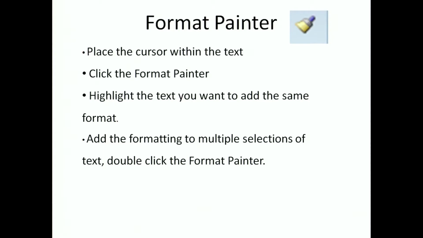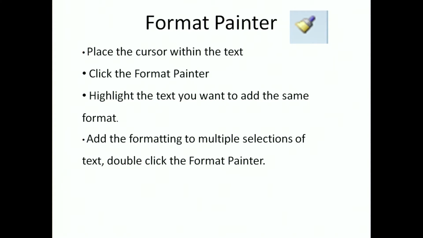And there is one more handy feature, that is Format Painter. This is one of the great options available here in the word processing software. You can use Format Painter whenever you want to copy the formatting, not the content.